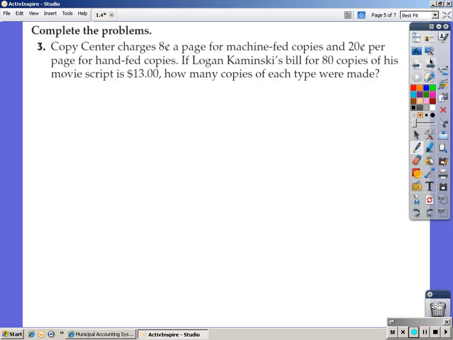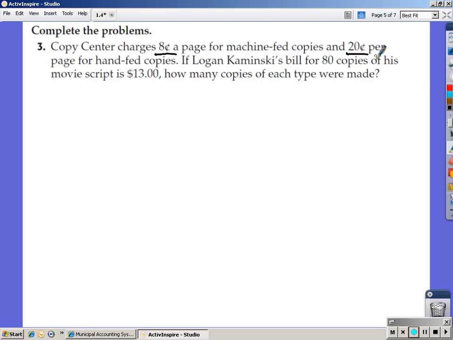What you've got to do is first identify your variables. Well, we have 8-cent copies and we have 20-cent copies. We need to know how many of each were made. So I'm going to use C again because we're dealing with copies. Okay, so I'm just going to let C equal 8-cent copies.